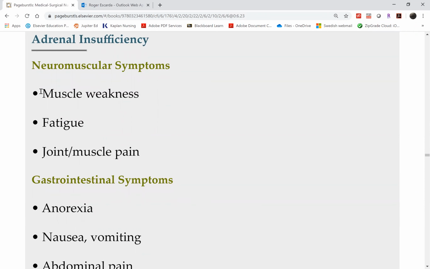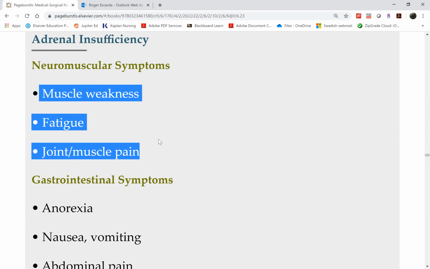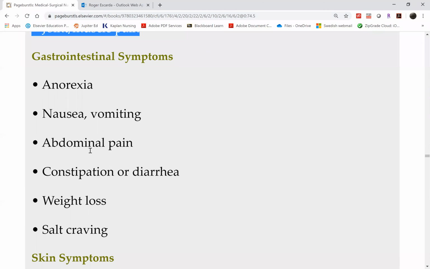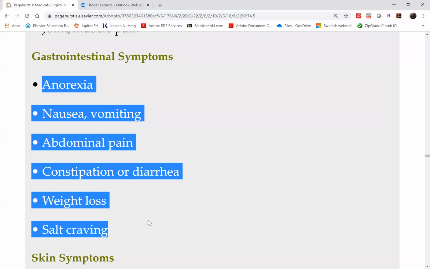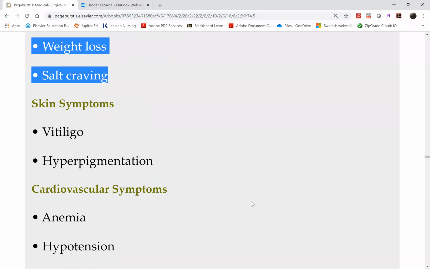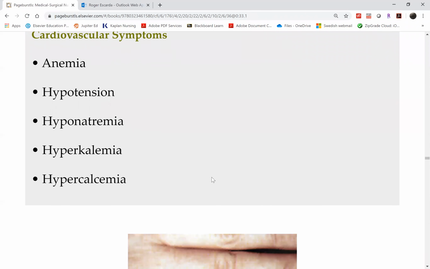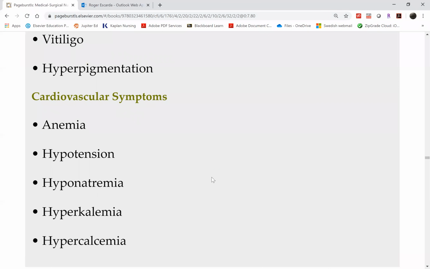So this one obviously are signs of the electrolyte imbalances, so muscle weakness from the hyperkalemia, because whether your potassium's high or low, they manifest the same way. There is muscle weakness. GI, these are your symptoms. And skin, we have the hyperpigmentation.